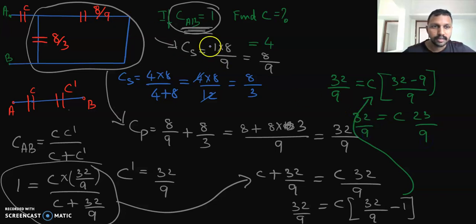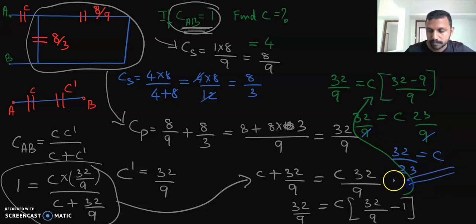The 9 and 9 get cancelled. Therefore, C is equal to 32 divided by 23. There's a little bit of calculation, but there is no complication in this problem. We have to do a little bit of calculation. That's the only difficulty in this problem. Hope you have understood this.